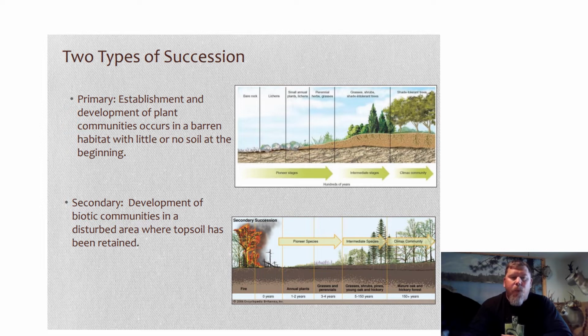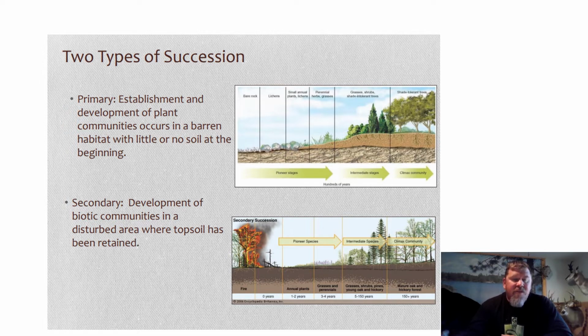There are two types of succession, the first being primary. When we talk of primary, we're talking, okay, the earth is cooled, we have rocks, where are we going from here? So bare rock into old growth forest is the primary succession. You're starting with little or no soil, and you're ending up with an old growth forest.